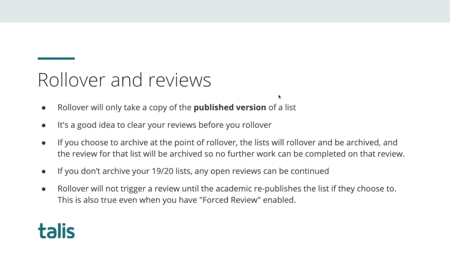If you check out your reviews area and you see that you've got a whole bunch of old reviews, and because you haven't archived the list yet, those reviews are still sitting there as active and can be actioned. So you might choose to bulk close those.